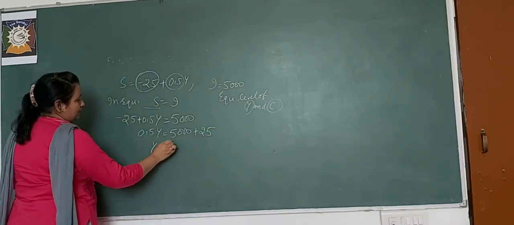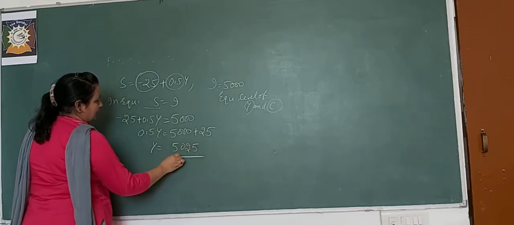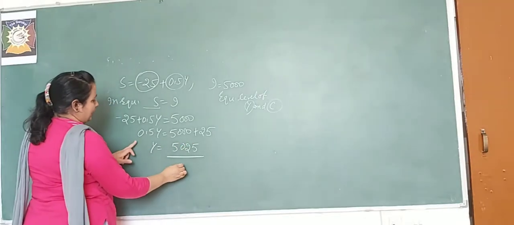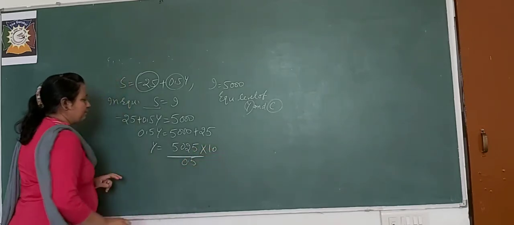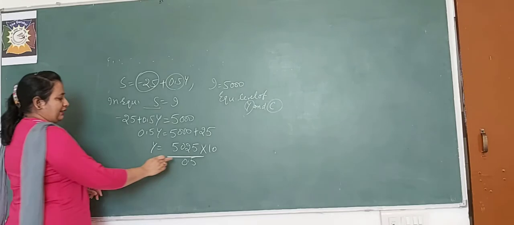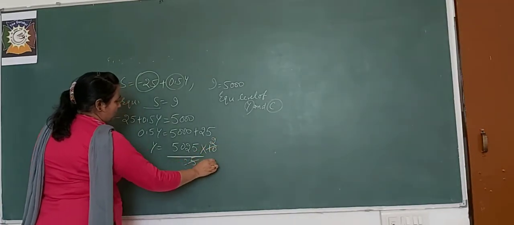So this is 5025 upon what I have 0.5. So I will remove the point and I will find 5 to the 10. So how I will get?